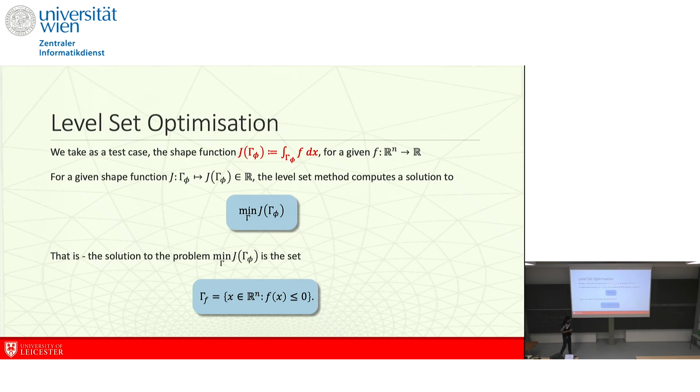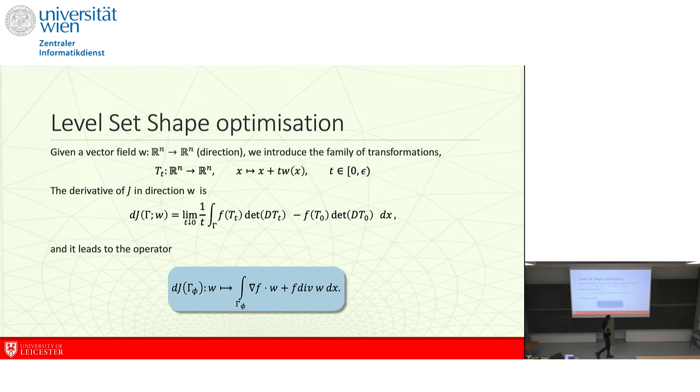That is, the solution to the level set equation, or level set optimization, is the set here, which is the level set of function f. So what we can say is that f is a target function. So we start off with our level set initial condition, and then we optimize to this target function.